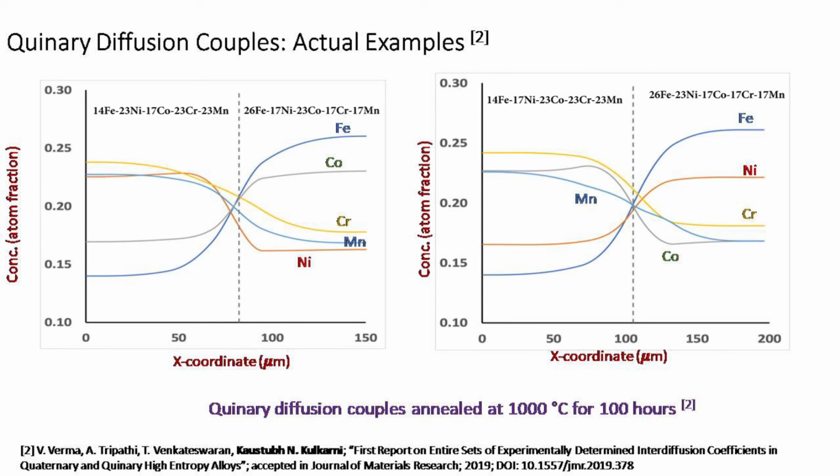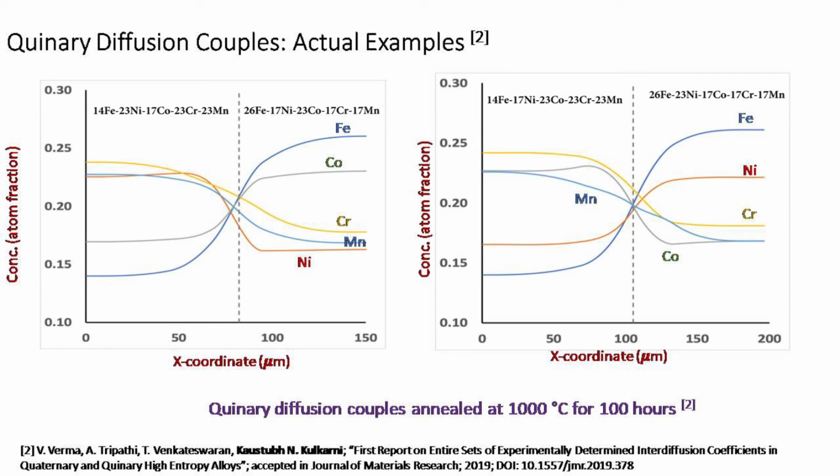Similarly, in the second diffusion couple, which was assembled between 14 iron, 17 nickel, 23 cobalt, 23 chromium, 23 manganese and 26 iron, 23 nickel, 17 cobalt, 17 chromium, 17 manganese, the concentrations being in atom percent, on the cobalt profile we can see a maximum and minimum here, and this indicates the presence of strong diffusional interactions in this system.